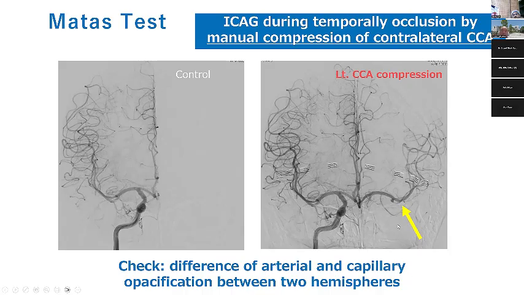So we occlude the CCA and inject from the contralateral side, and we should check the difference of arterial and capillary opacification between the two hemispheres. And this is the Matas test.